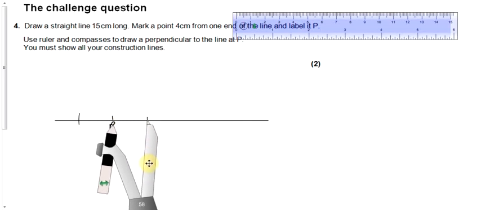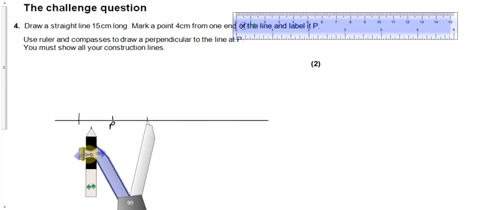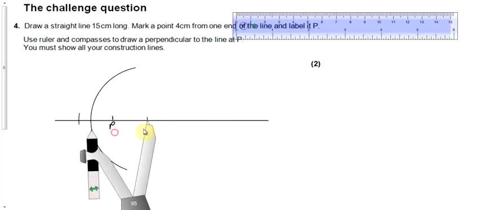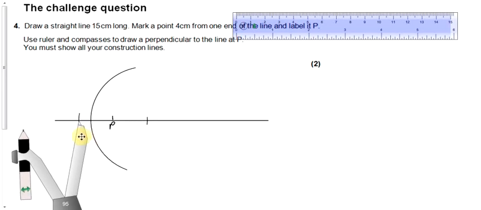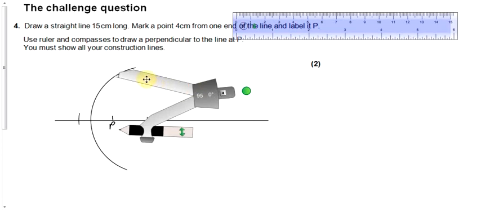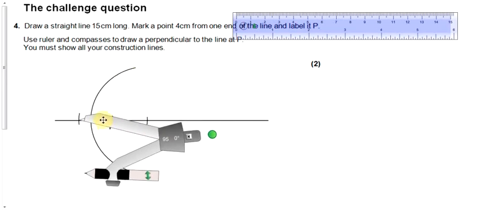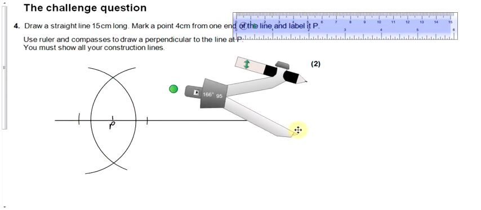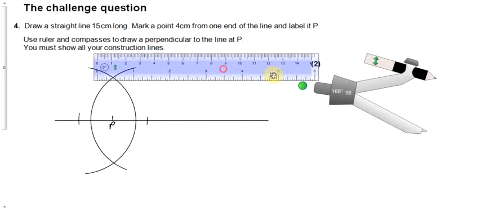And then open this up, and we're going to do one of these, which is a bit like a line bisector, except I'm just bisecting this tiny little bit of line here. Get it spot on if you can. There we go. And then we use our ruler to finish off.